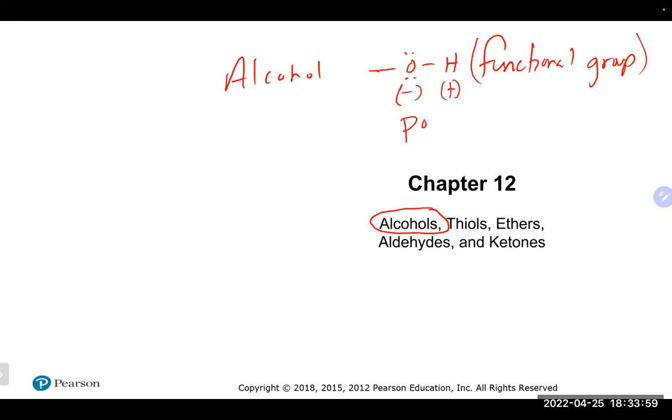It is a polar group that is attached. So that does give alcohols some important functions, like they are sometimes soluble in water because they can hydrogen bond with water. Especially small alcohols are able to do that because of that OH group that is present.